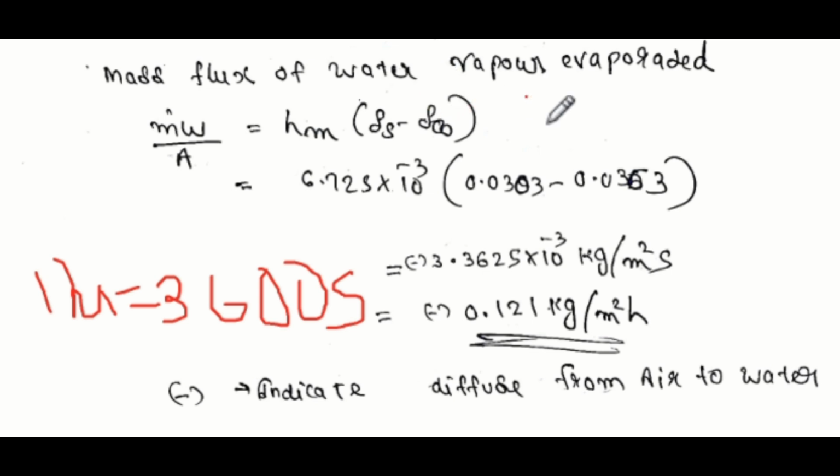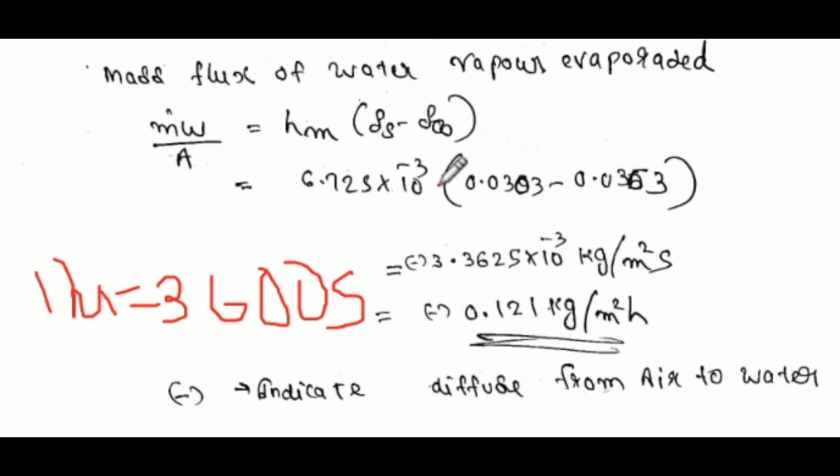If you look, we got the answer negative. The mass flux of water evaporation is negative. This equation is in the form of surface concentration minus infinity concentration. That means the surface concentration is assumed higher and the atmosphere or air concentration is less, but by taking it this way, we got a negative answer.